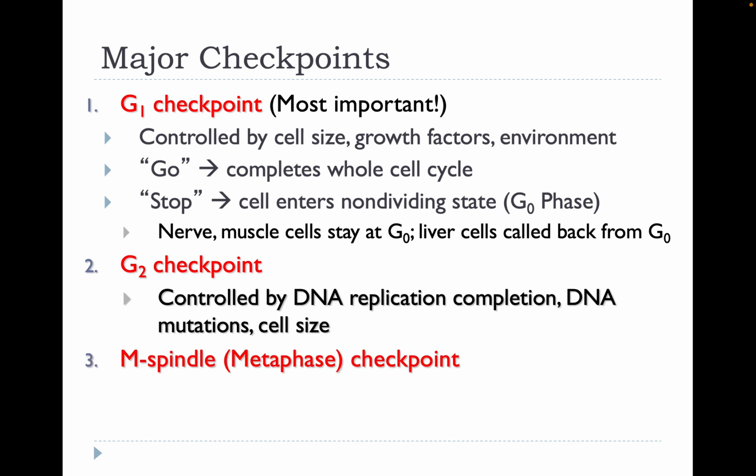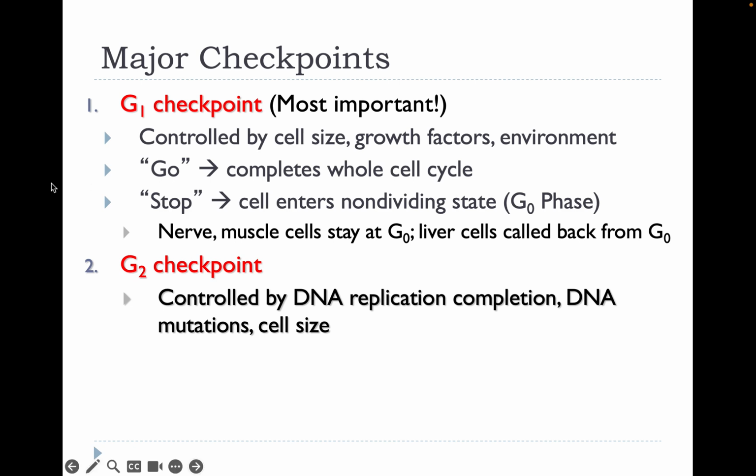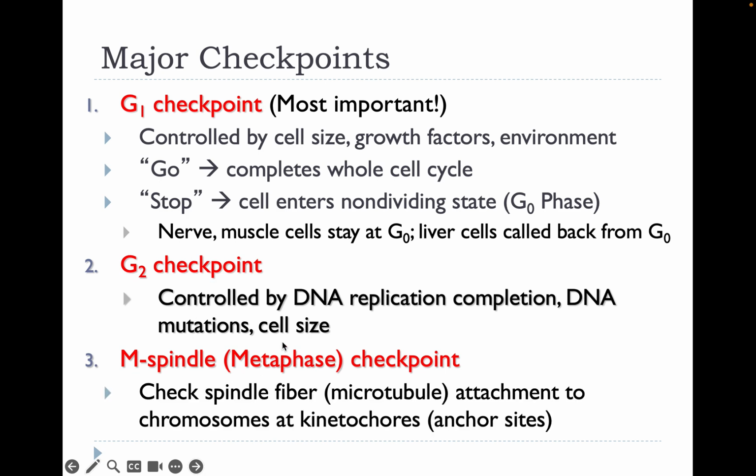This is the checkpoint before it moves into mitosis. The M spindle or metaphase checkpoint is where we check spindle fiber or microtubule attachment to the sister chromosomes at their anchor sites called kinetochores.